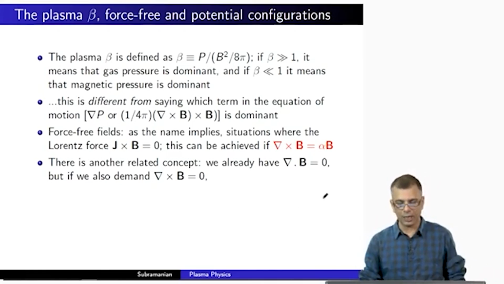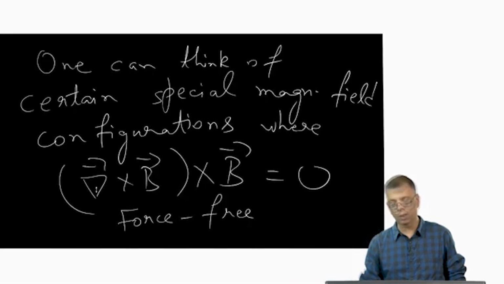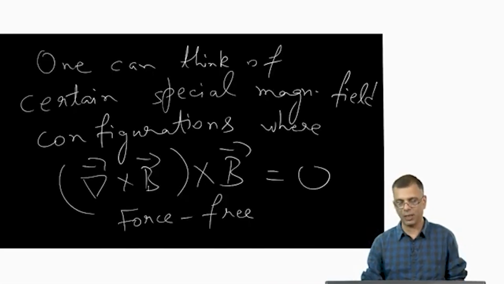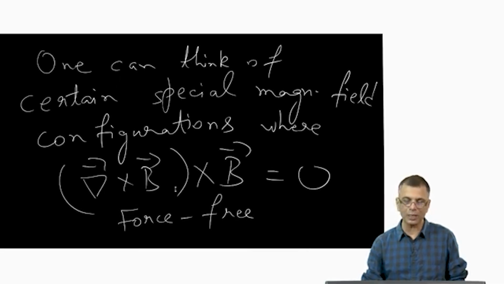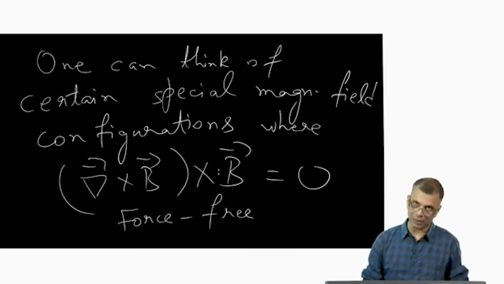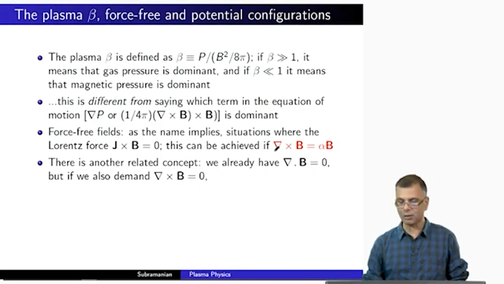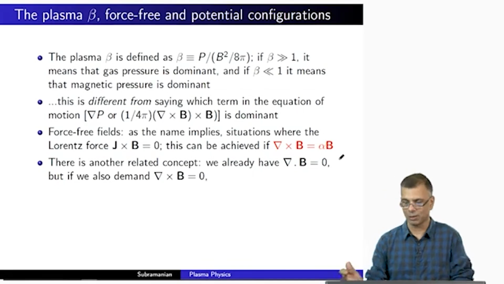Okay. And this can happen, for instance, if you insist that the curl of B cross B is equal to 0, that means the curl of B is in the same direction as B, right. Which is to say, if the curl of B is some scalar constant alpha times B, then curl of B is in the same direction as B, therefore curl of B cross B is equal to 0. Right.